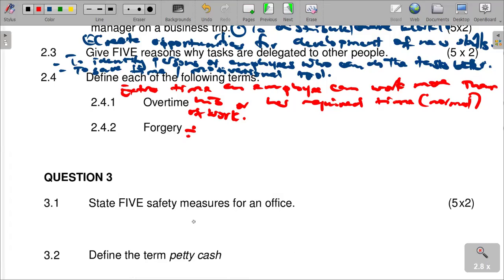So what is forgery? Forgery can be signing someone else's name in an attempt to steal money.